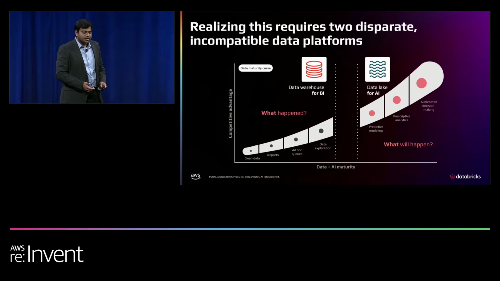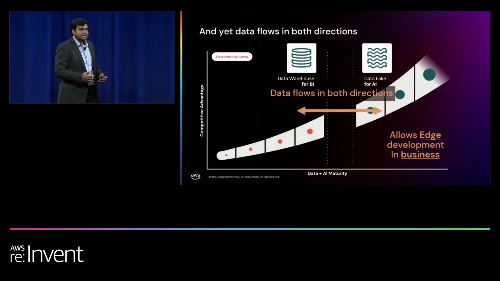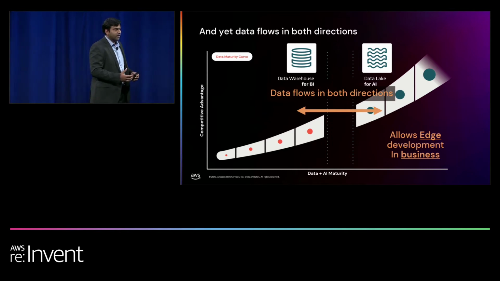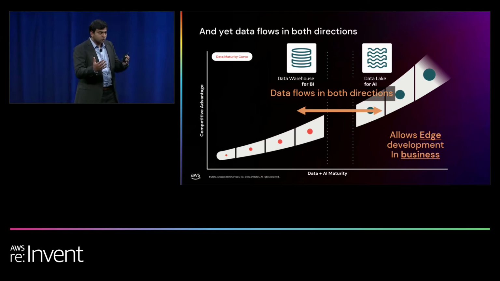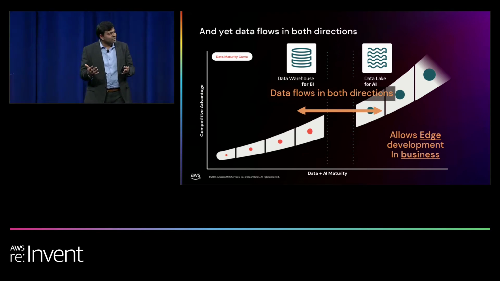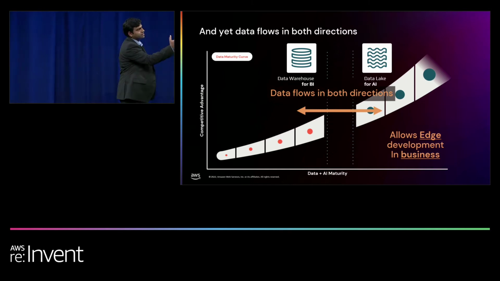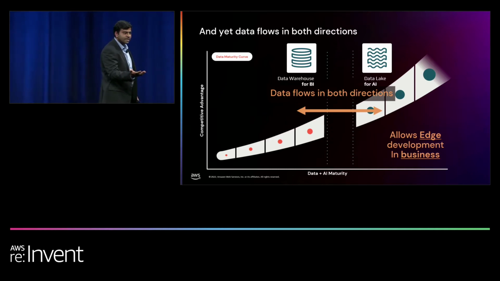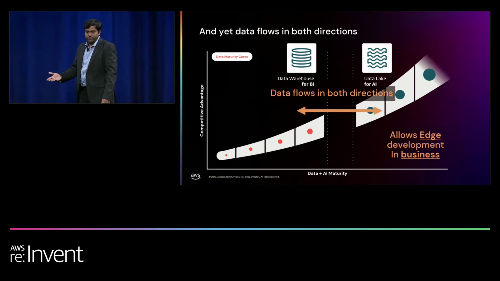Well, that was one reason. But then, once this was happening, suddenly enterprises started building data flow processes between these two disparate systems. Now, what happens is the data suddenly flows in both directions, right? A data scientist wants to access a product dimension table because that is a fully qualified data set for a data scientist to join with the raw data set, right? That's what you need, right?